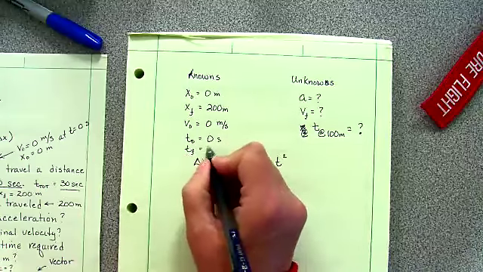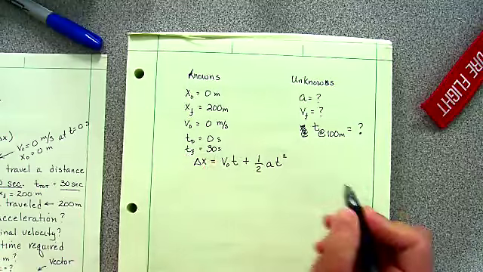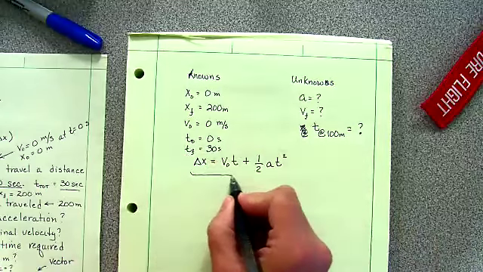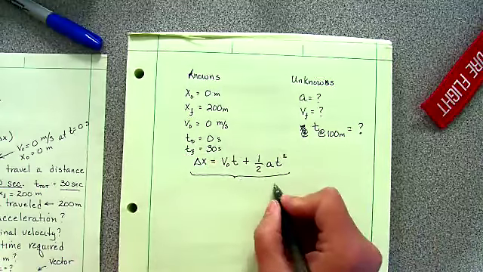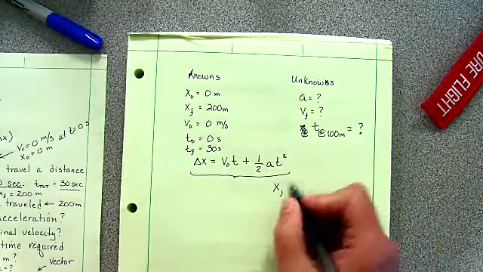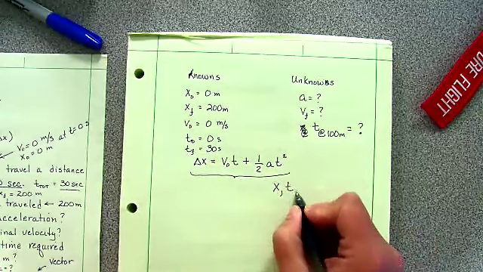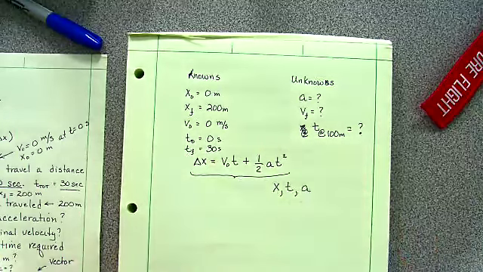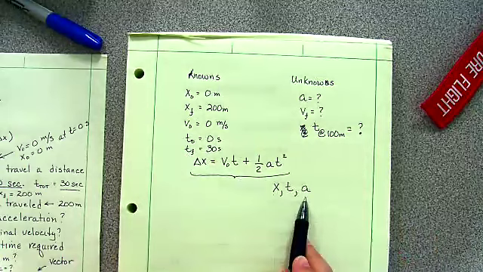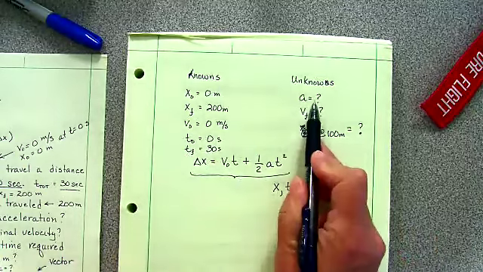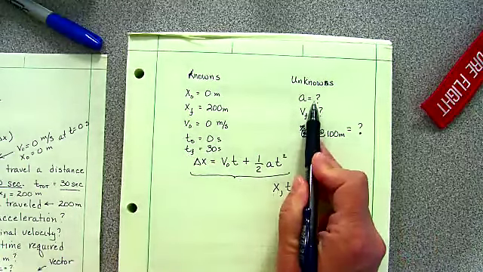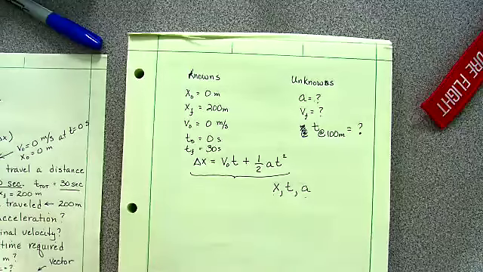Our final time is 30 seconds. This equation has variables x, t, and acceleration. We know x, we know t, we don't know acceleration, and that's one of the things we want to find. So this equation is going to help us out.